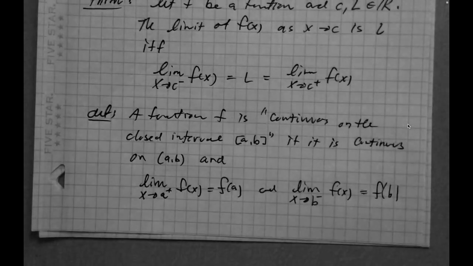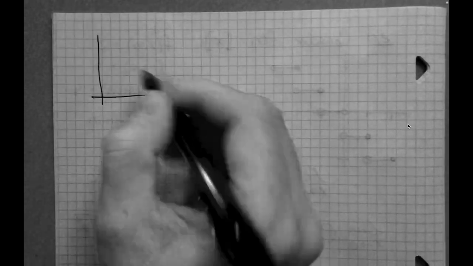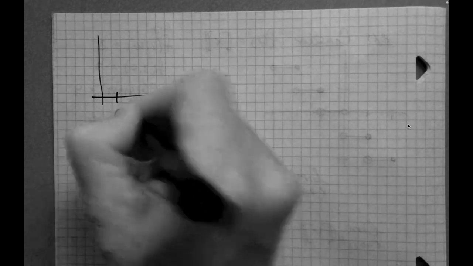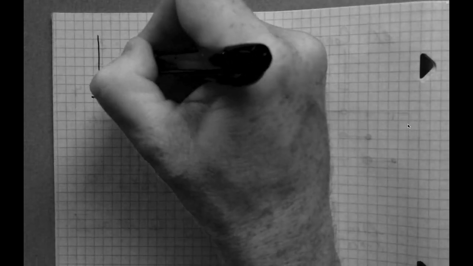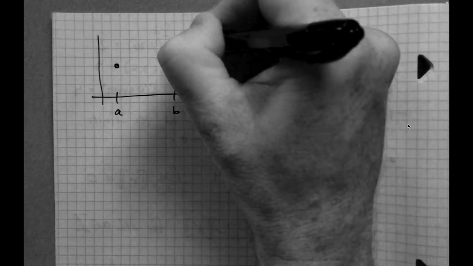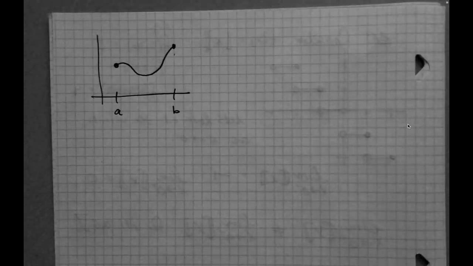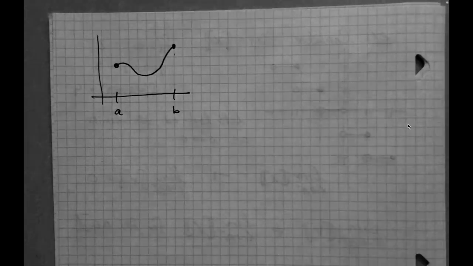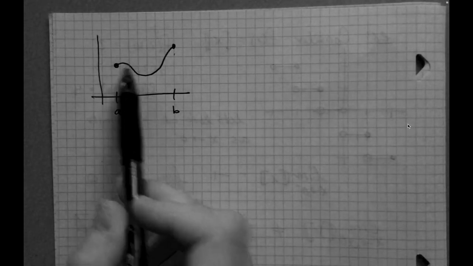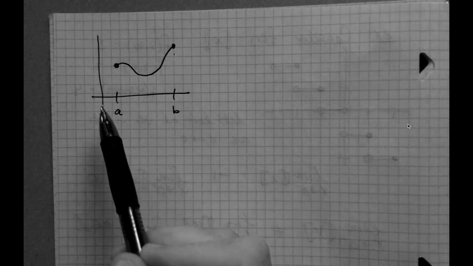Okay, so basically, if you can imagine what this looks like, maybe you have something like this, where you've got a and b, and let's say the function moves between those two. Obviously, when we're talking about the open interval, you don't have to ever worry about an endpoint of the interval.